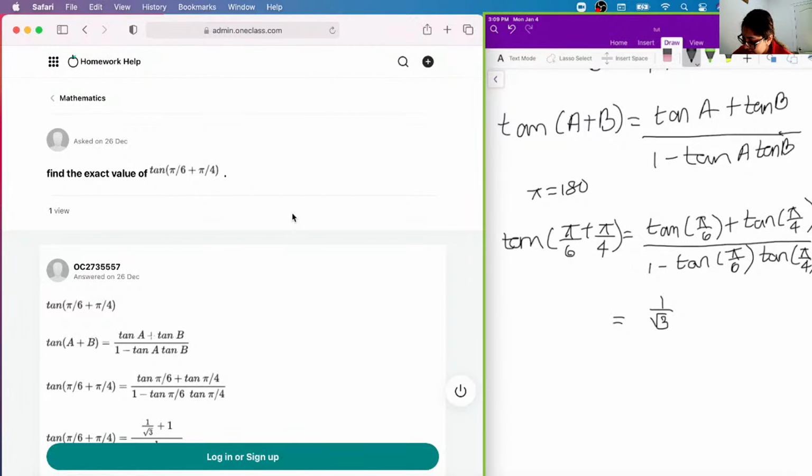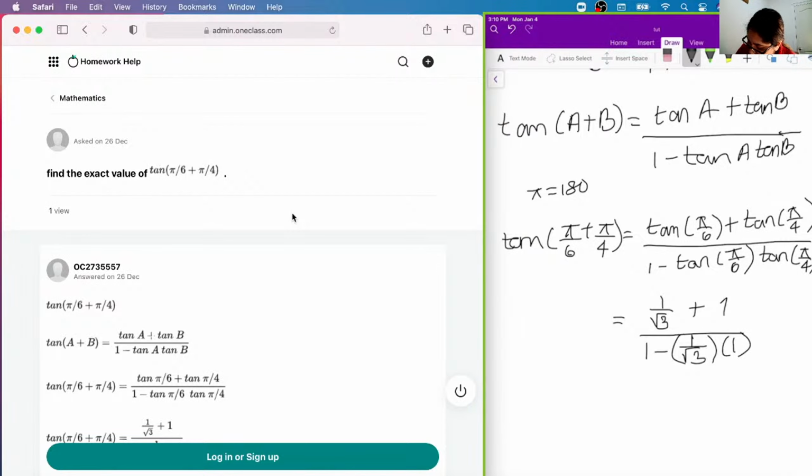And tan pi over 4, which is 45 degrees, is 1. So it's going to be 1 over root 3 plus 1, and then you have 1 minus tan pi over 6, which is also 1 over root 3, multiplied by 1.